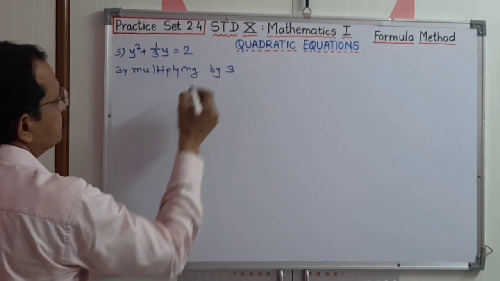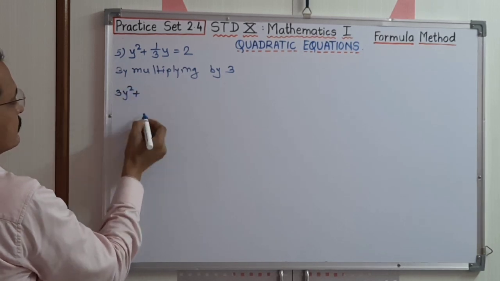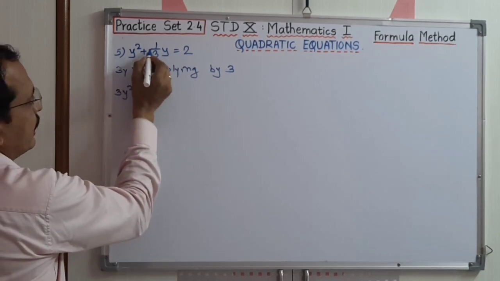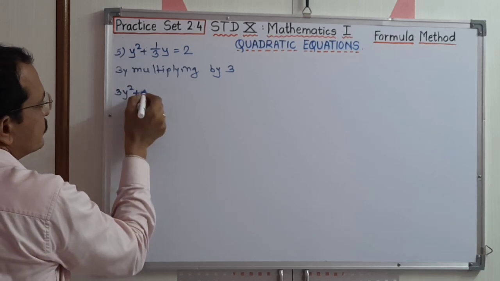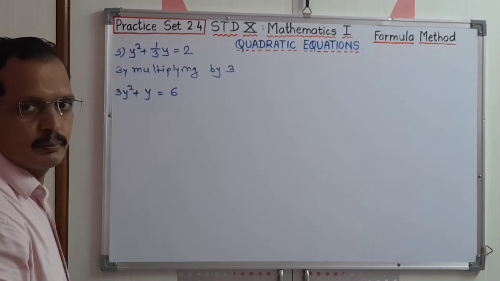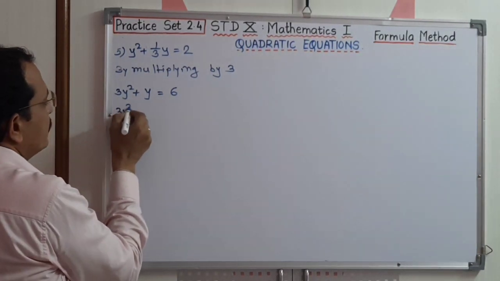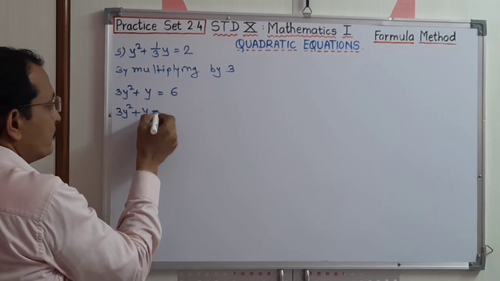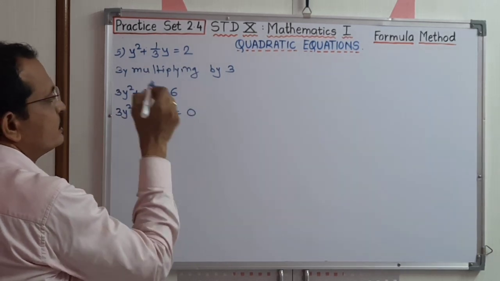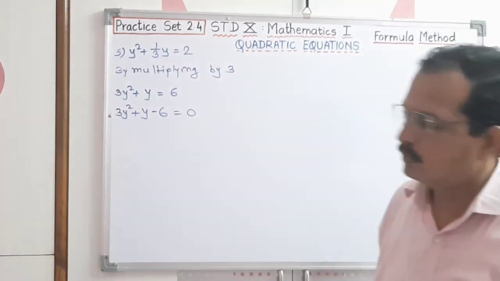Therefore, we can write here by multiplying by 3. Then we get here 3y square plus, these 3 and these 3 get cancelled, it is y is equal to 6. Then 3y square plus y minus 6 equal to 0. Now the given equation is in a standard form.